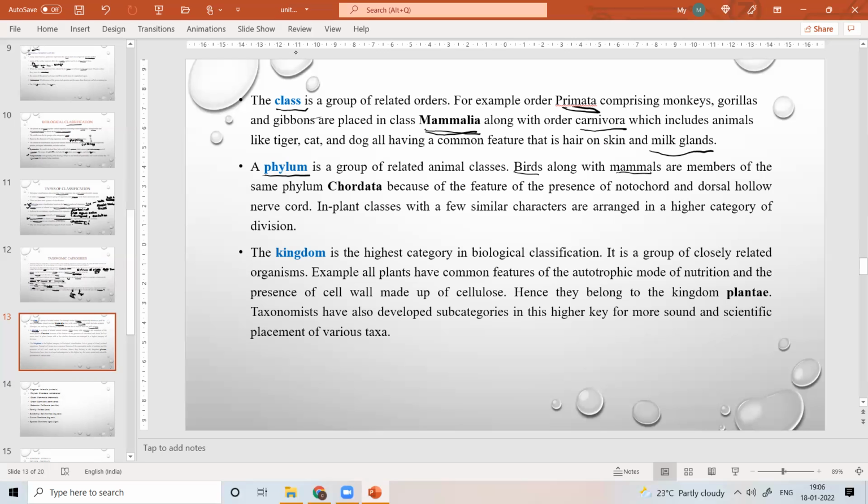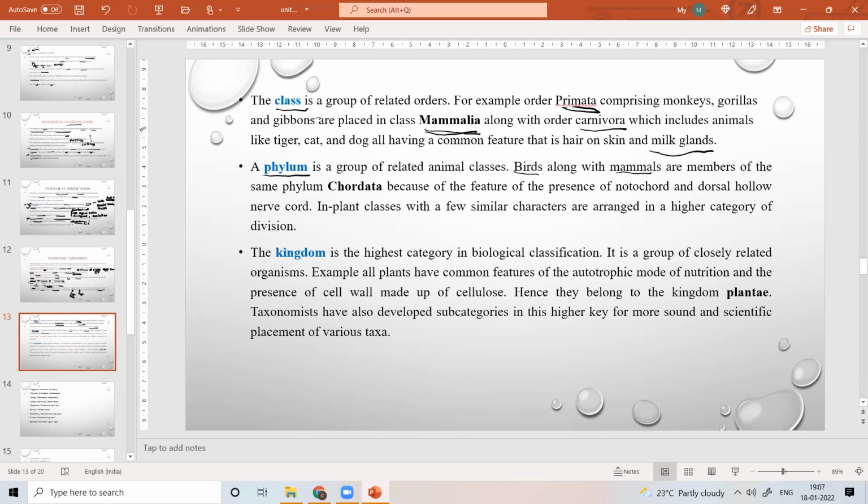Mammalia includes Carnivora. In Carnivora, we can also find other families like Felidae, and in the Felidae family, as we already discussed, we can find the genus Panthera, as in Panthera leo, and other similar genera, and also Felis.